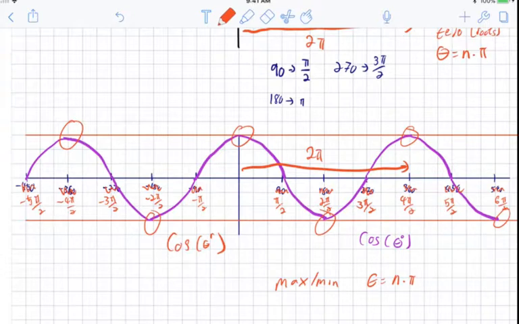And in fact, you can think of this graph, cosine of theta in radians, as equal to cosine of theta in degrees if I multiply it by 360 over 2 pi.